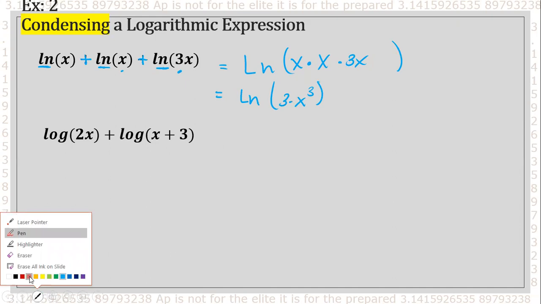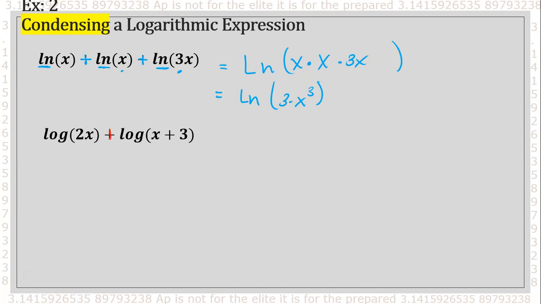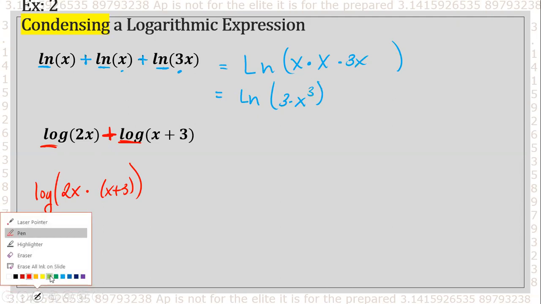Let's go ahead and try the next one. Again, I see a plus sign, and the logs have the same base, right? In this case, there's no base, so we know it's 10. So it's going to be log, and all of this is going to be multiplied together. So 2x times x plus 3. And from here, guys, we can go ahead and distribute this.